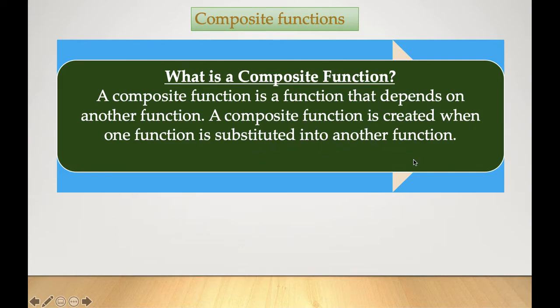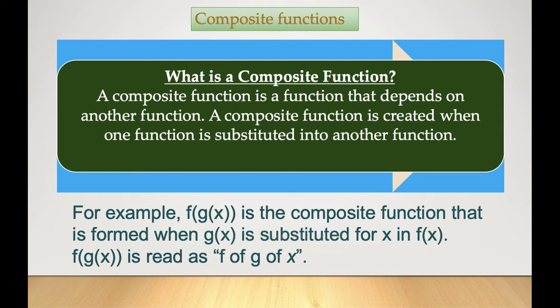Now a composite function is created when one function is substituted into another function, for example f of g of x. That means it consists of two or more functions. Previously we were learning about f of x.